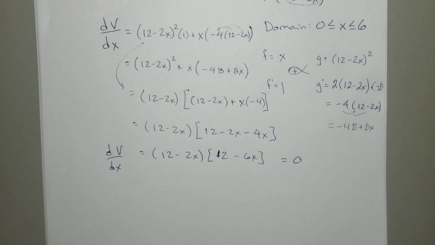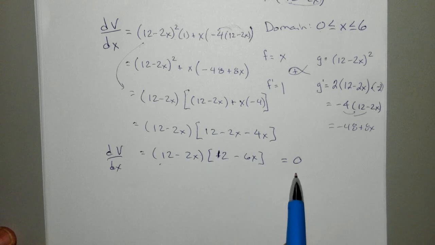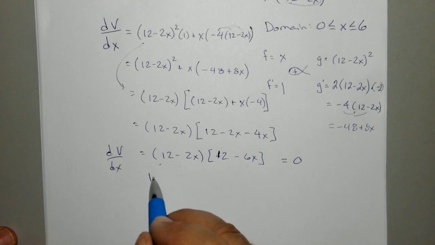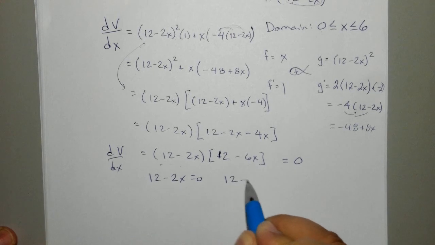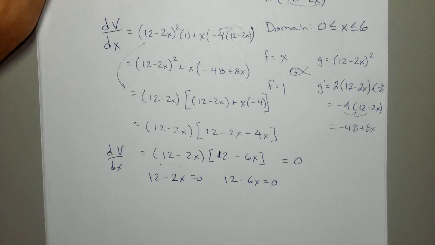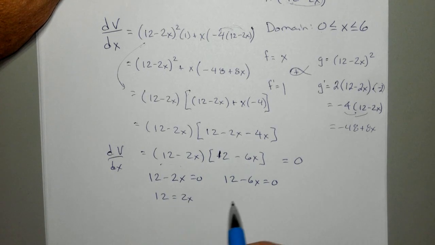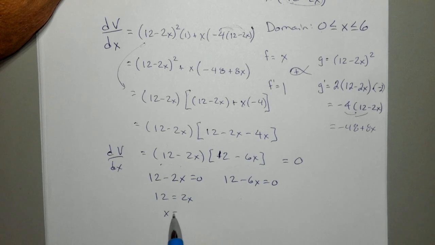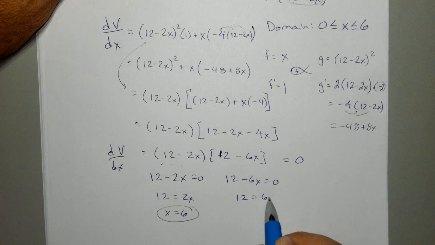So by the zero product principle, since we have two linear terms equal 0, set both of those individually equal to 0. We got 12 equals 2x, x equals 6. 12 equals 6x, x equals 2.